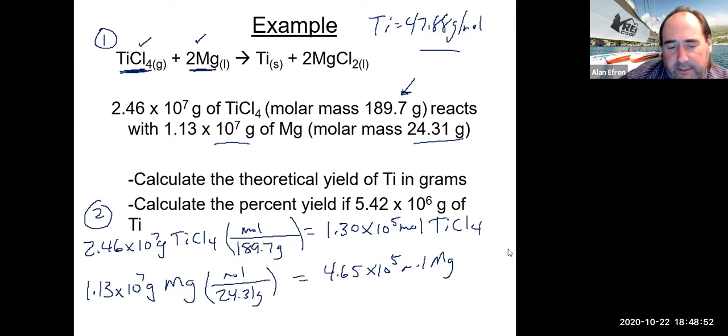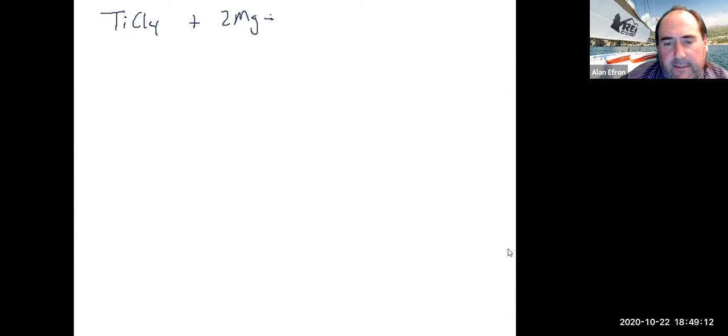So again, I'm going to show you through the ice table approach. What I'm going to do is start with my ice table. So we'll start with our equation here. We've got TiCl4 plus a couple of magnesiums going to give us our Ti plus a couple of magnesium chlorides.